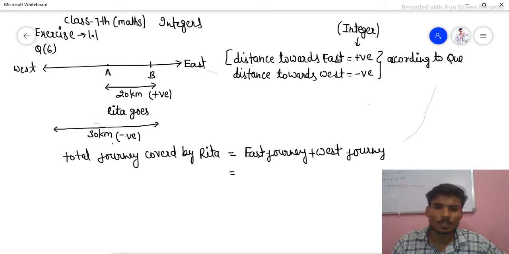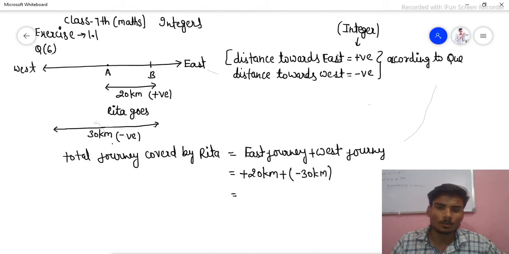The journey of east is 20 km, and according to this question this is positive, so positive 20 km, and the journey of west is negative 30 km.